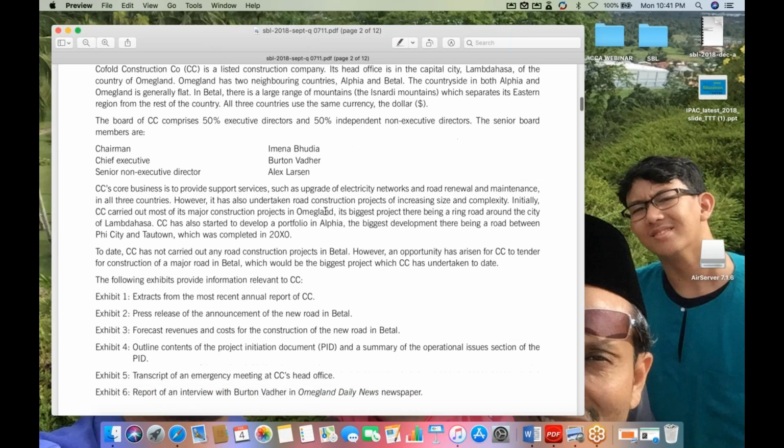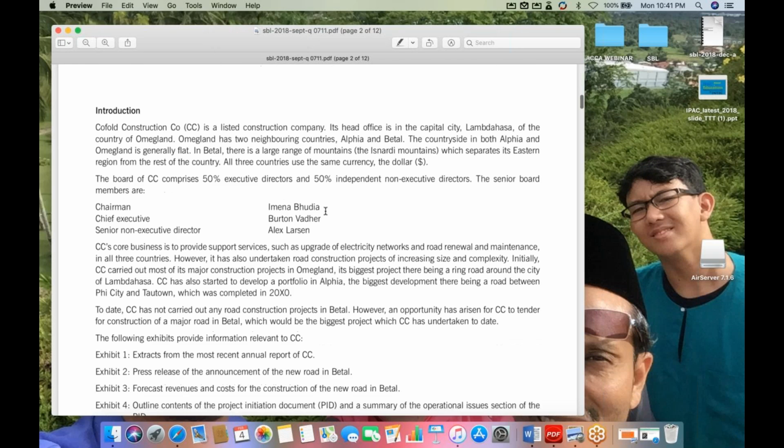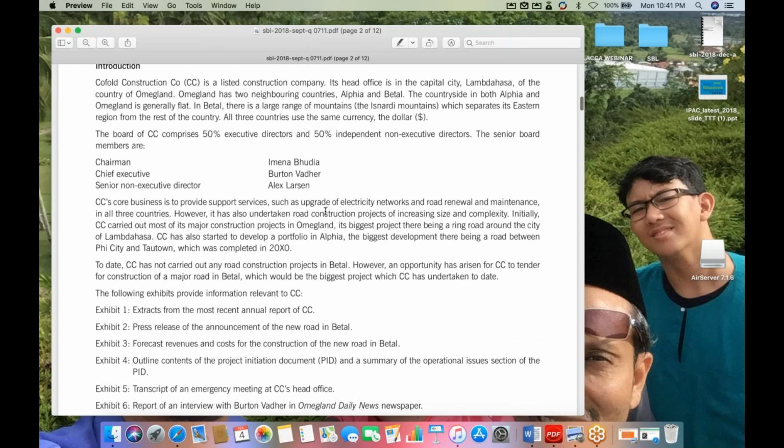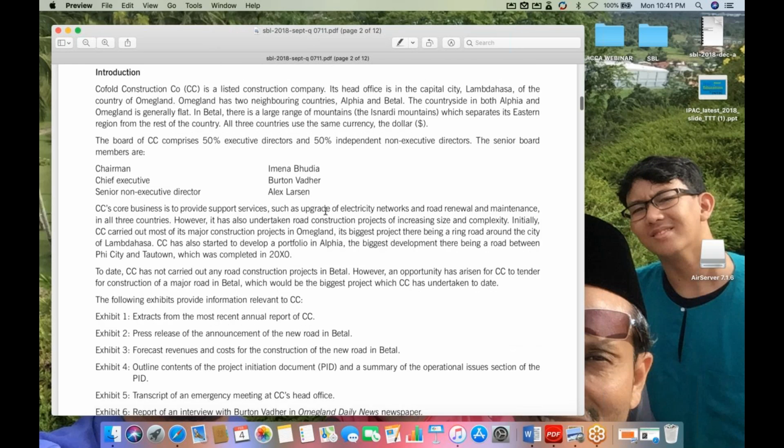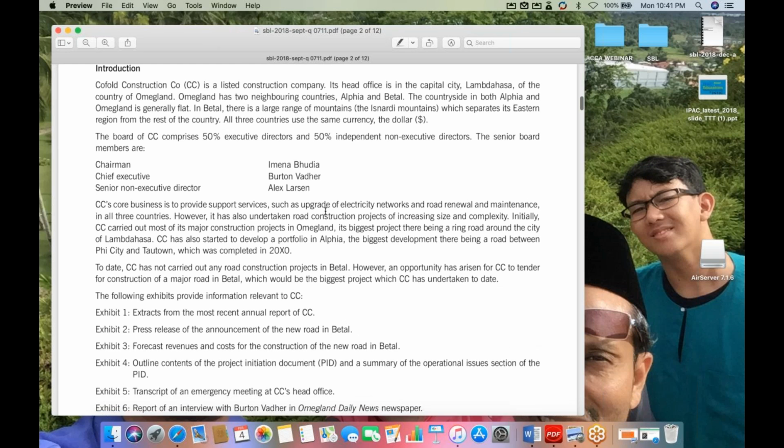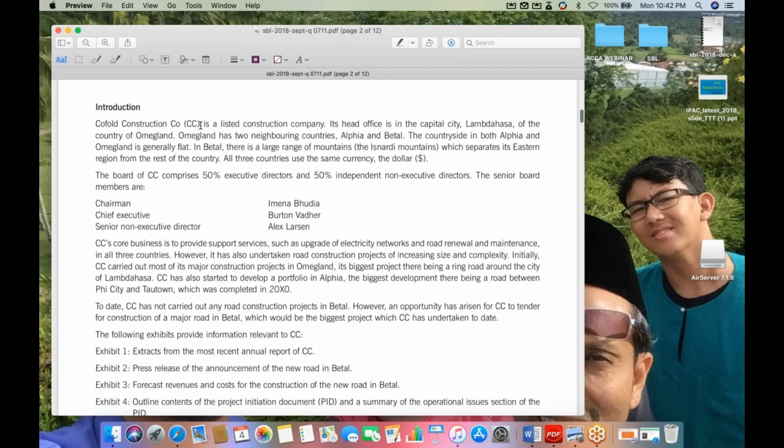It's on Coforge Construction, a listed construction company. It has a head office in the capital city of Lamdahasa, in the country of Omegalan. What do you get from this first paragraph? What do you think you can get from this paragraph? What does it tell you?